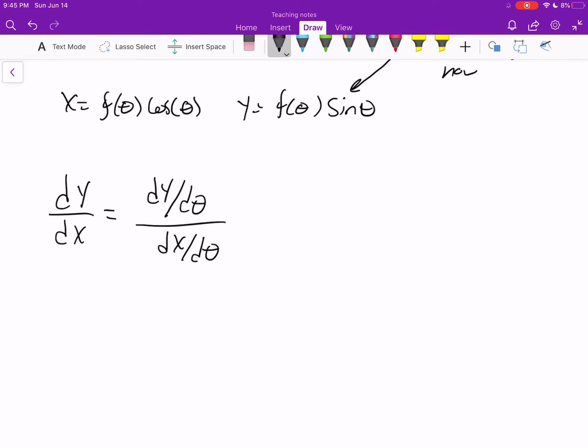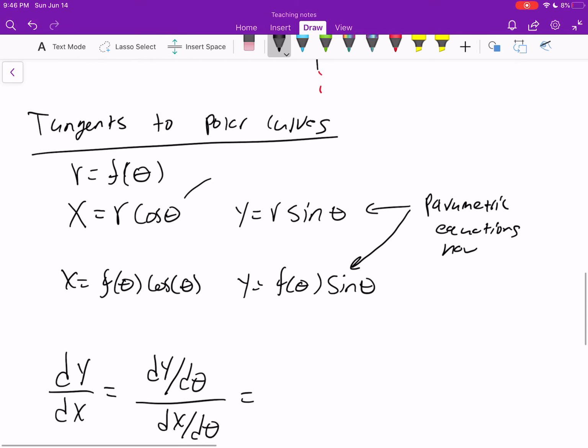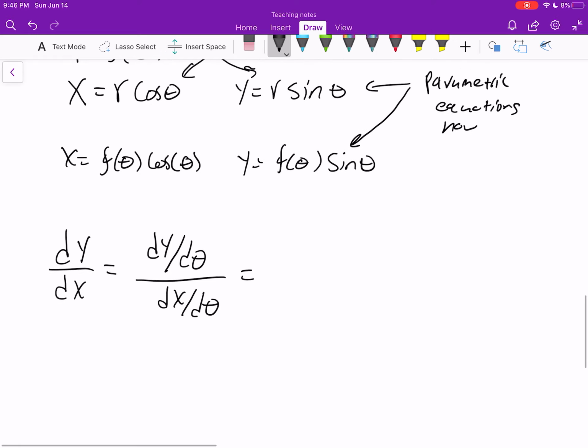So the book writes it kind of weird, but I'll go ahead and write it that way. They're going to take the derivative of these two equations, and you have to use the product rule there.